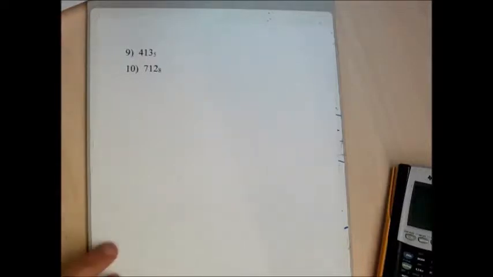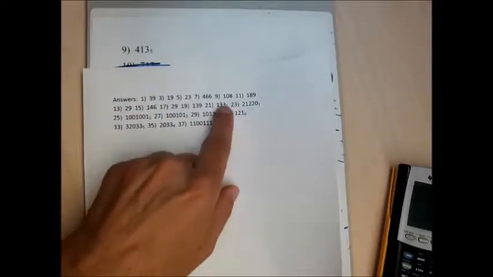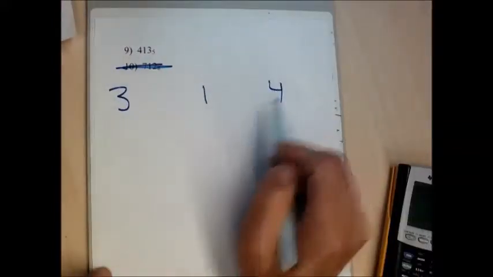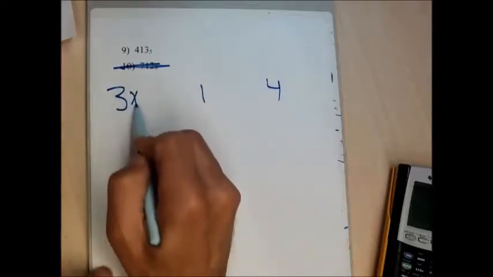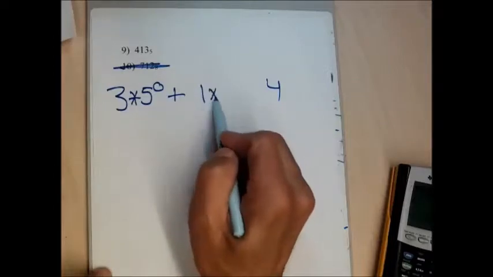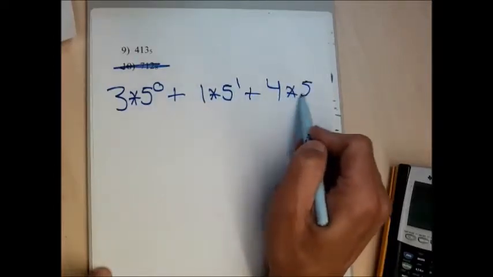I'll do your number 9. You can pause the video and try to get the answer, so you don't have to watch me do this. For number 9, we're going for 108 base 10. I'm going to write 3, 1, and 4. Write the number backwards. Then times 5 to the 0 plus 1 times 5 to the 1 plus 4 times 5 squared.